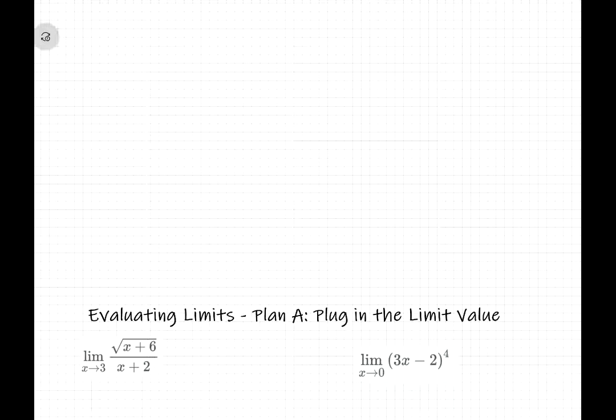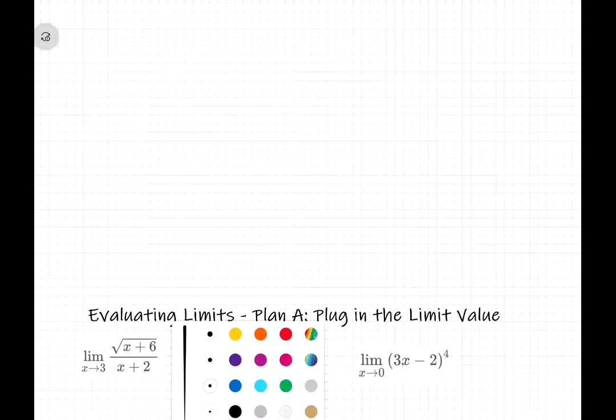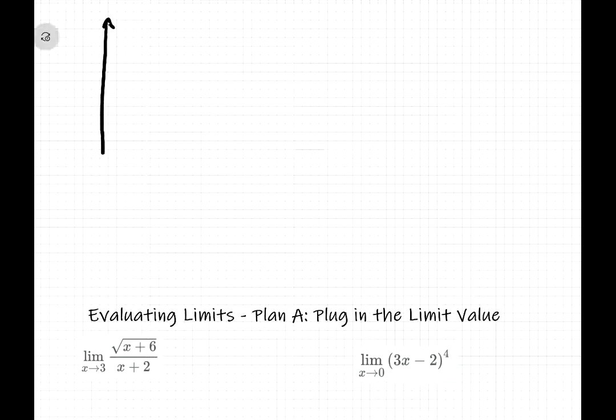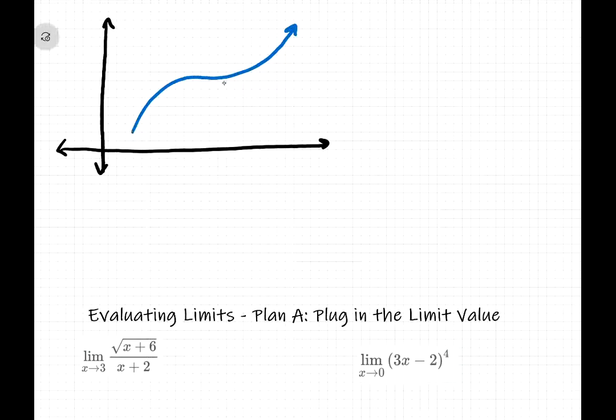So before we get started, I want to take a graphical approach to when you can and cannot plug in the limit value. Let's say we have some function, f of x, and we want the limit as x approaches c of the function f of x.